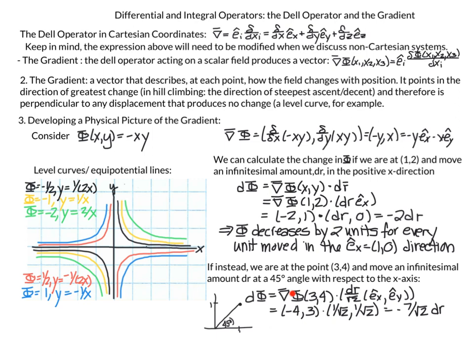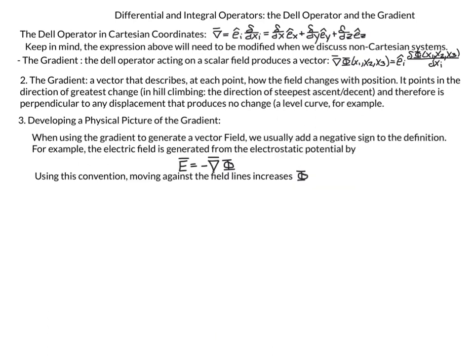Putting that all together, our gradient at (3, 4) is equal to (negative y, negative x), so that will be (negative 4, negative 3), dotted with (1 over square root of 2, 1 over square root of 2). Again, this is our vector at the 45-degree angle that's unit length, and that will give us negative 7 over square root of 2 dr.